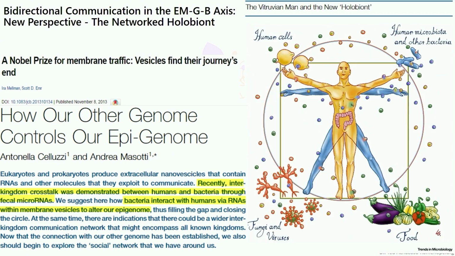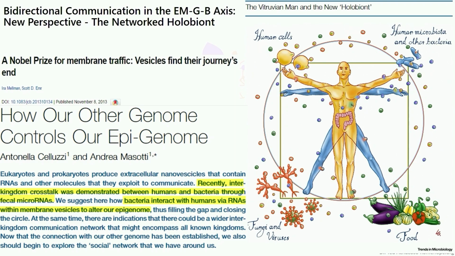So the way to look at it is what I term as a holobiont. We are basically an assemblage of organisms. We are a network of organisms that are all communicating with each other. We cross a species in order to talk to each other, right? So human cells, human microbiota, food, fungi, and other viruses, they are all in a network within our body as an ecosystem, and they all talk to each other by different means.